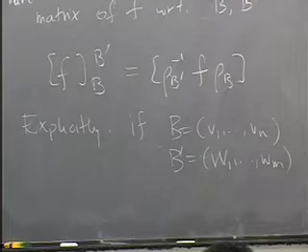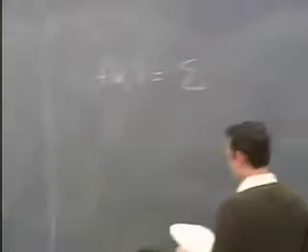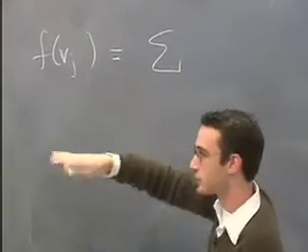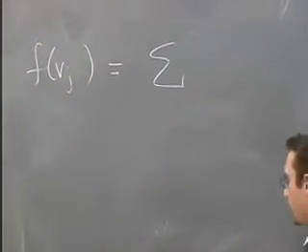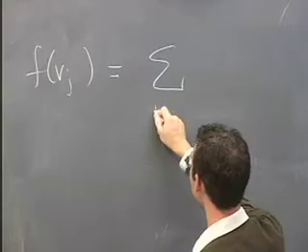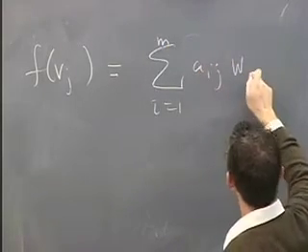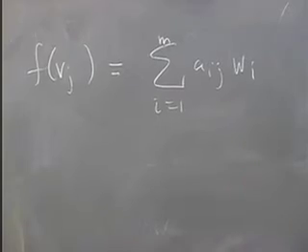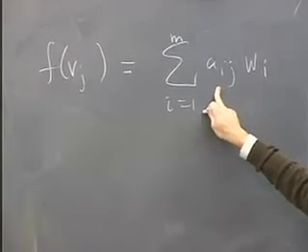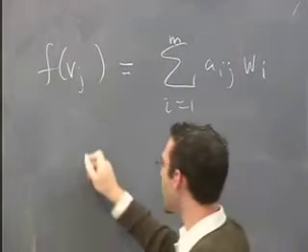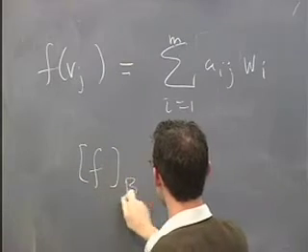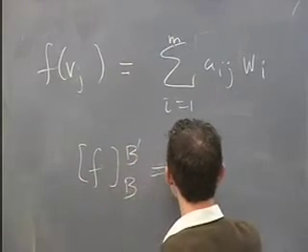So this looks like the sum, for each of these j's, where j is just ranging over 1 through n, the sum i equals 1 to m of aij wi for some scalars aij. So what is this F_{B,B'}?